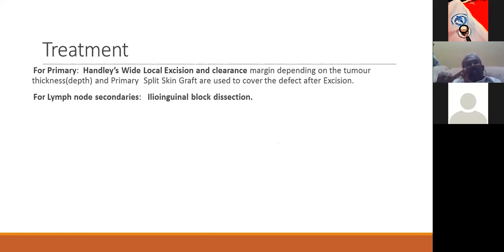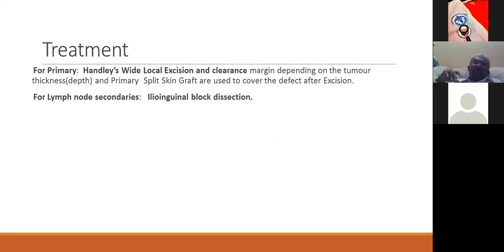So regional, in the sense you do one station above the involved one. Usually you limit to an infrainguinal block dissection. That is sufficient if the patient has the lowermost chain positivity. If the patient has the horizontal chain positivity, then you also have to dissect the suprainguinal block.